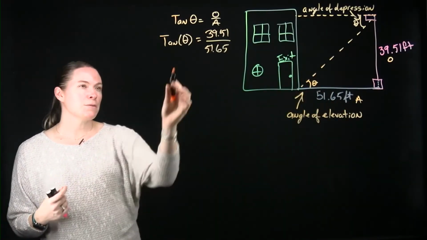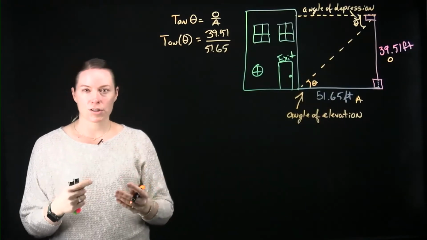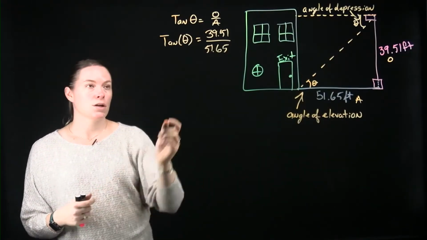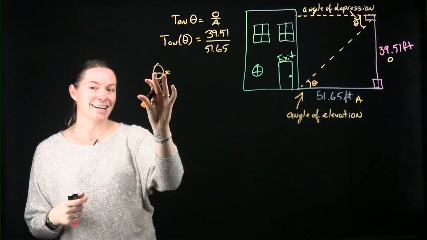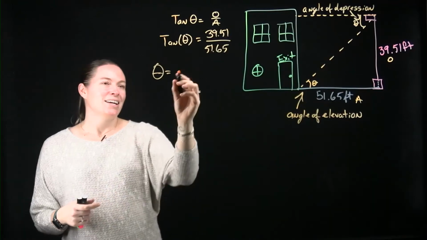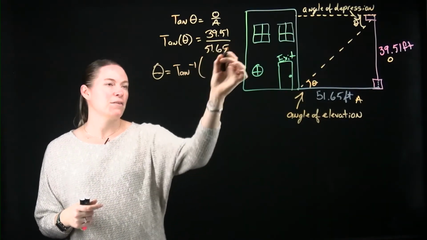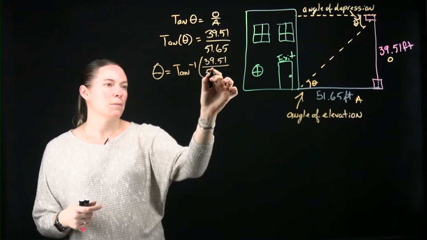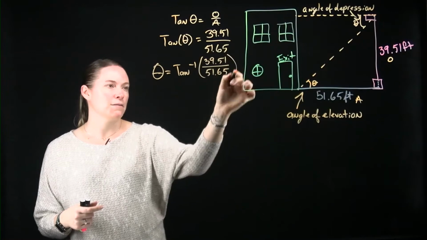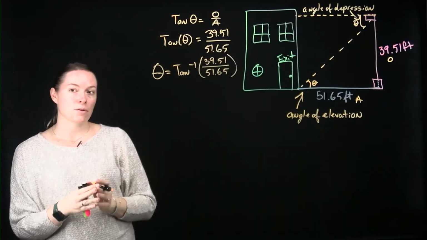Now, in order to find theta, I need to use the arctangent, or the inverse tangent. So I'm going to take theta on one side, and I'm going to take the tangent inverse of my ratio, 39.51 divided by 51.65. In this case, I can place this into my calculator.